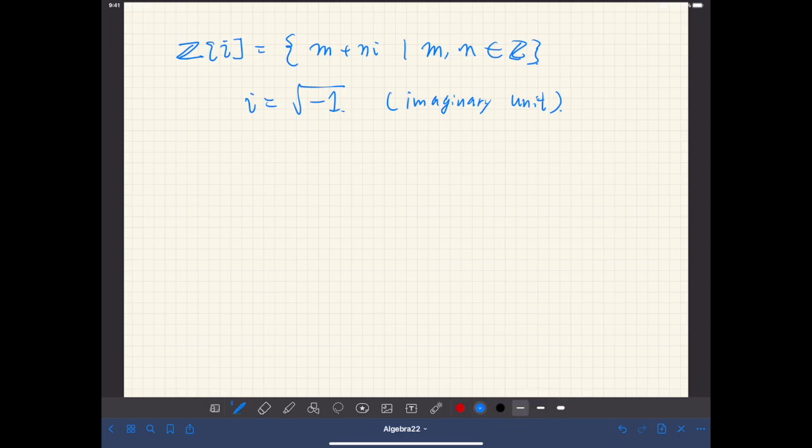And the complex numbers of this form, m plus ni, where m and n are integers, are called Gaussian integers.